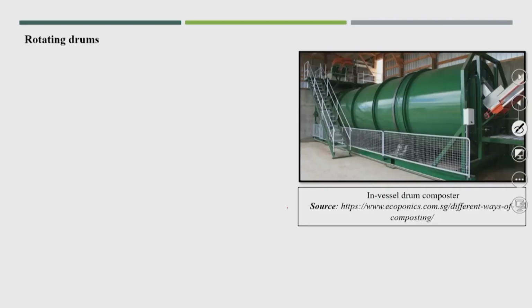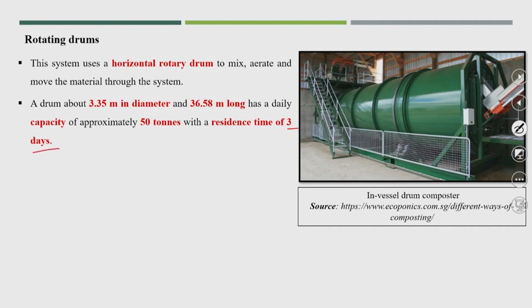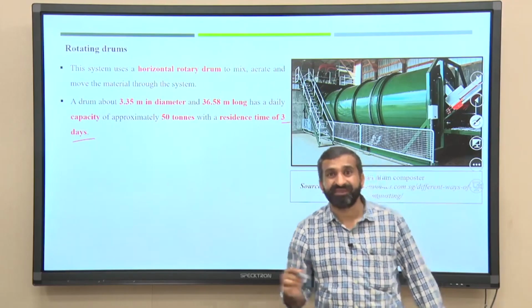This is another unit of rotary drum. A drum about 3.35 meter in diameter and 36.58 meter long has a daily capacity of approximately 50 tons with a residence period of, see here, 3 days. This is the major benefit.